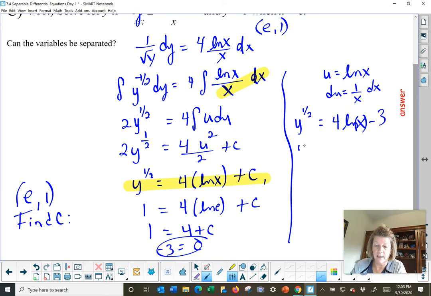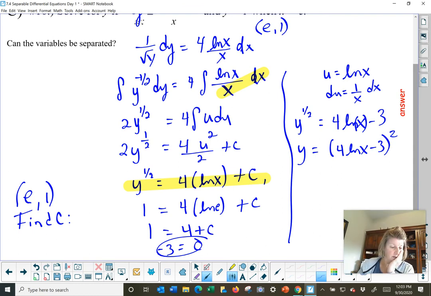Essentially, we got to square both sides. y equals 4 natural log x minus 3 quantity squared. And there would be a middle term on there. I just see I have something different. Why is that? Did I make a mistake somewhere?